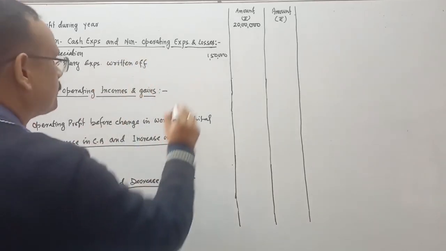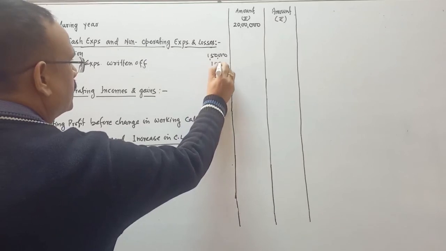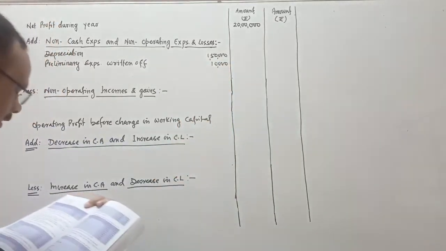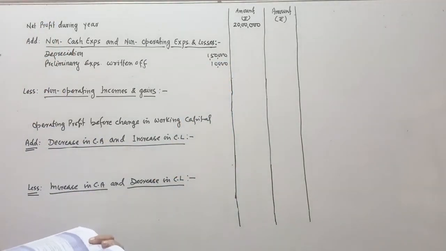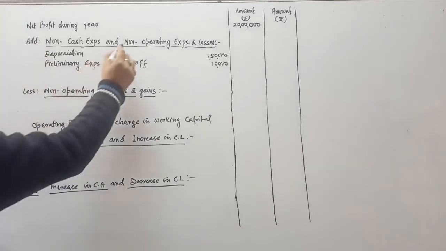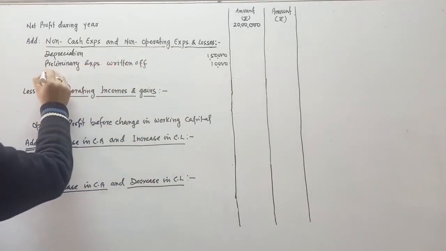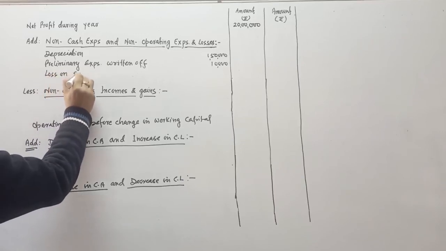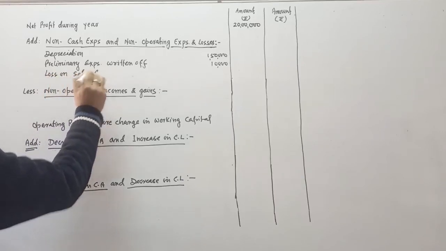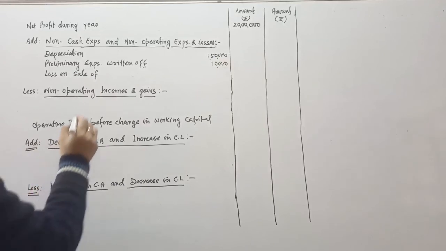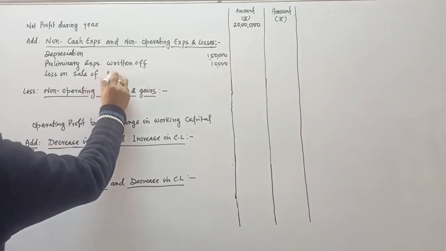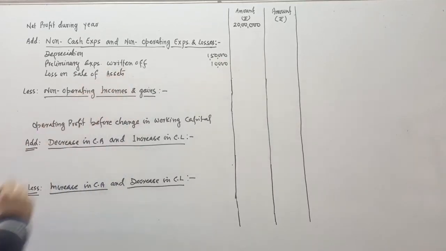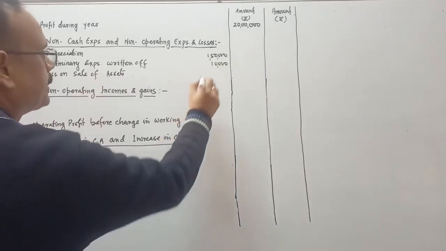It is written off 10,000. Next information is loss on sale of assets. It's a non-operating loss. It is 30,000.